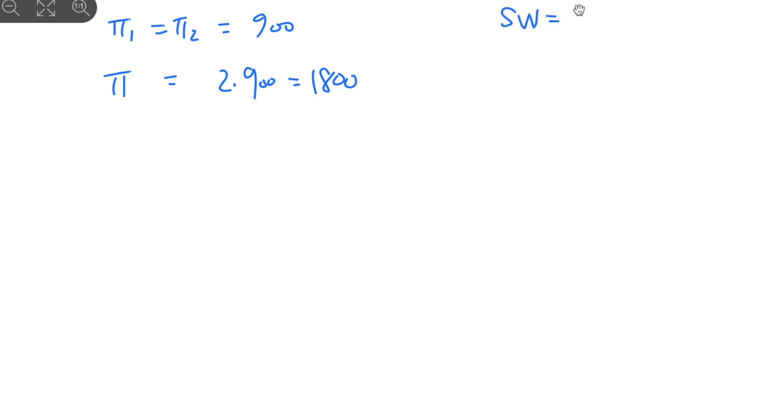So total profit was 2 times 900, 1800. And for social welfare, we have pi plus consumer surplus, right? So we got the pi, but we don't know the consumer surplus, so let's look at it.